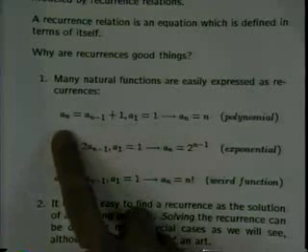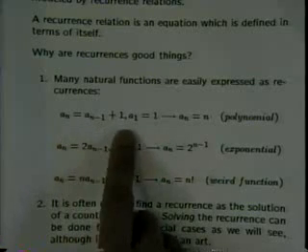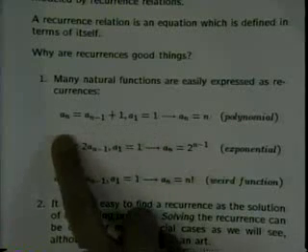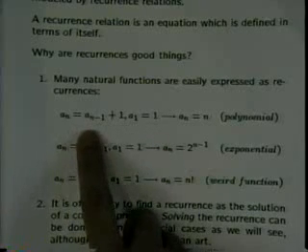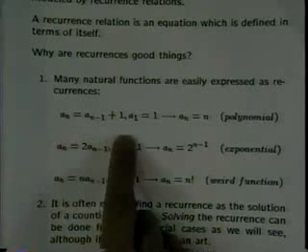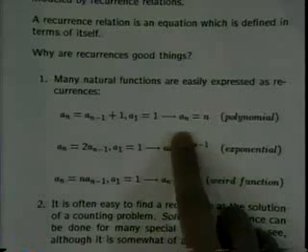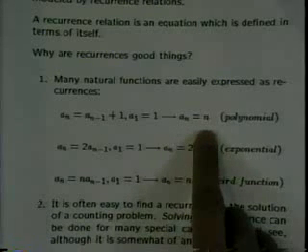Well, what does that mean? A sub 2 is going to be a sub 1 plus 1, meaning a sub 2 is going to be 2. A sub 3 is going to be a sub 2 plus 1, which means a sub 3 is going to be 3. And in general, it should be clear that this recurrence really computes a function that can be solved. The function a sub n is really equal to n. This just defines a linear function.